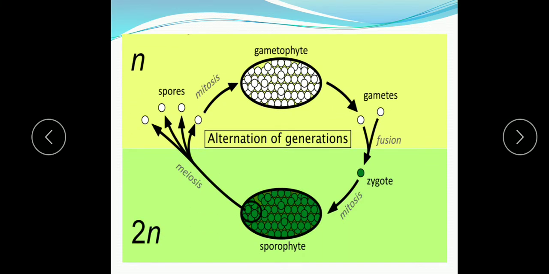Now we'll see alternation of generation. As I said, I will explain it in this topic. So what is alternation of generation? It is the alternation of a spore-bearing diploid generation and a gamete-bearing generation. These plants have two types of generation in their lifetime. The first is the spore-bearing diploid generation, which we call the sporophyte. This is the generation in which spores are produced.